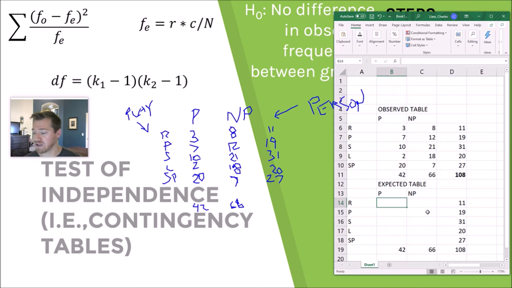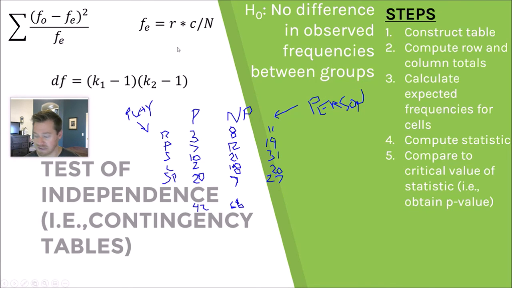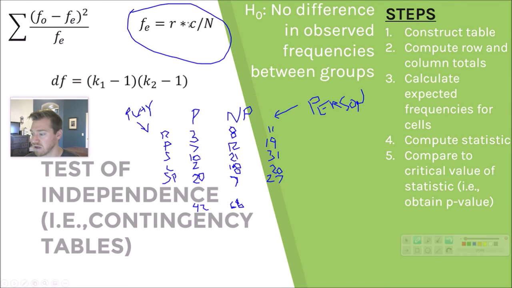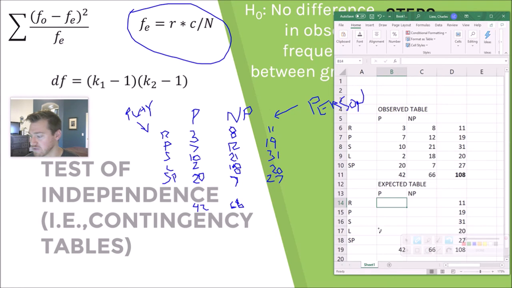Okay, so we need to know what we will expect. How do we get the expectation? All right, so the expectation we see here is the row times the column for the respective cell that we're looking at. So every cell has a row and column it belongs to. And you divide it by the total. And that's going to get us our expected frequency for that cell. So what would this look like? All right.